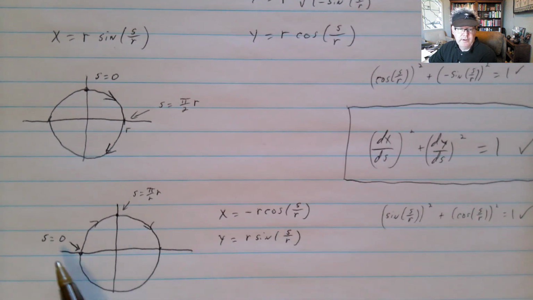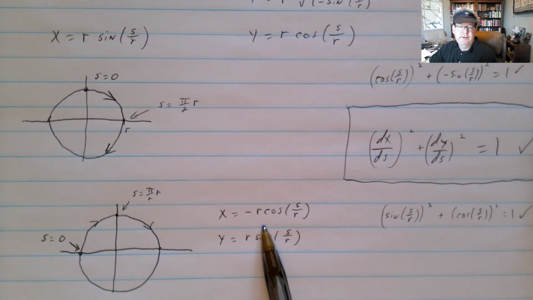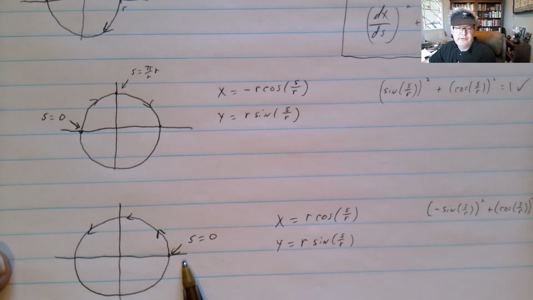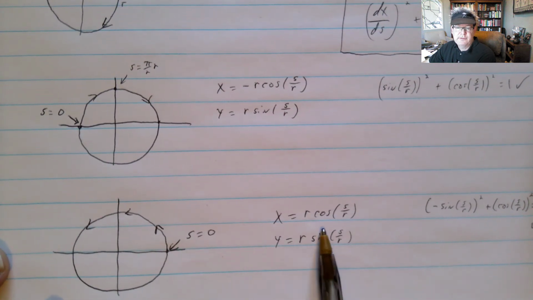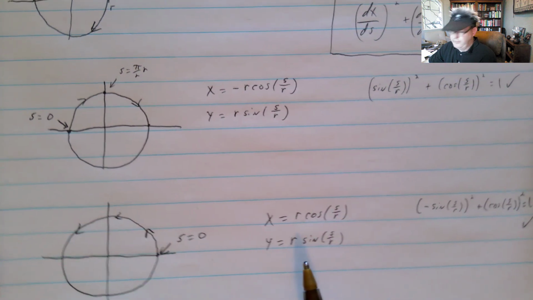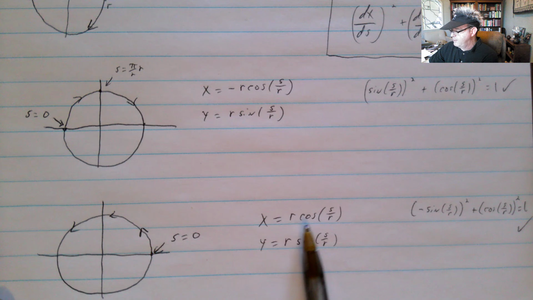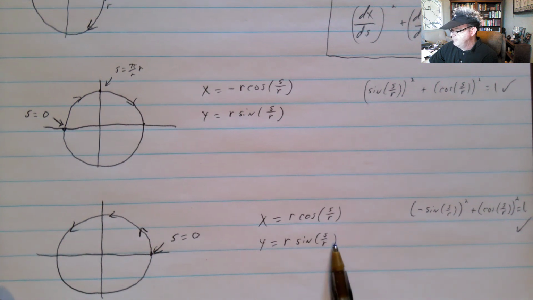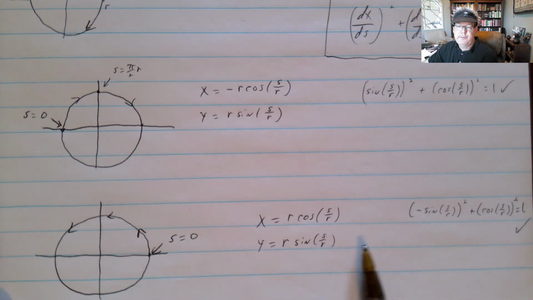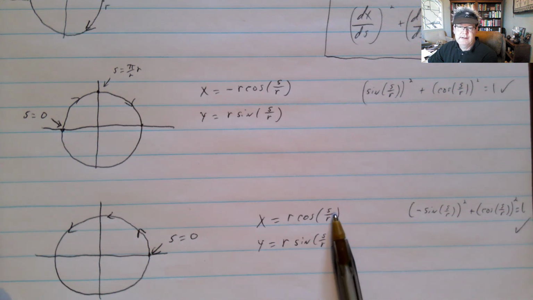But if I want to start here, then I could use this parameterization. Or generally we start here. So x is cosine, y is sine. And you usually don't worry about an arc length parameterization, so it's usually just x is r cosine t, y is r sine t. But then your speed won't be 1. If you want your speed to be 1, you have to divide this by the radius.